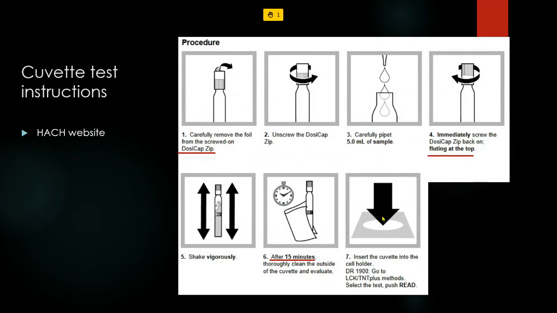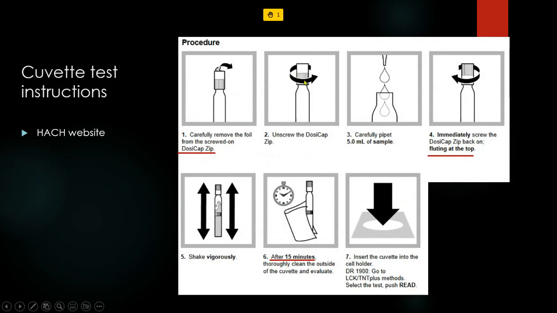Can you explain the arrows that are displayed in the diagram? All the arrows. Okay, the first arrow is just to remove the aluminum foil of the cap. This one means to unscrew the dosy cap.